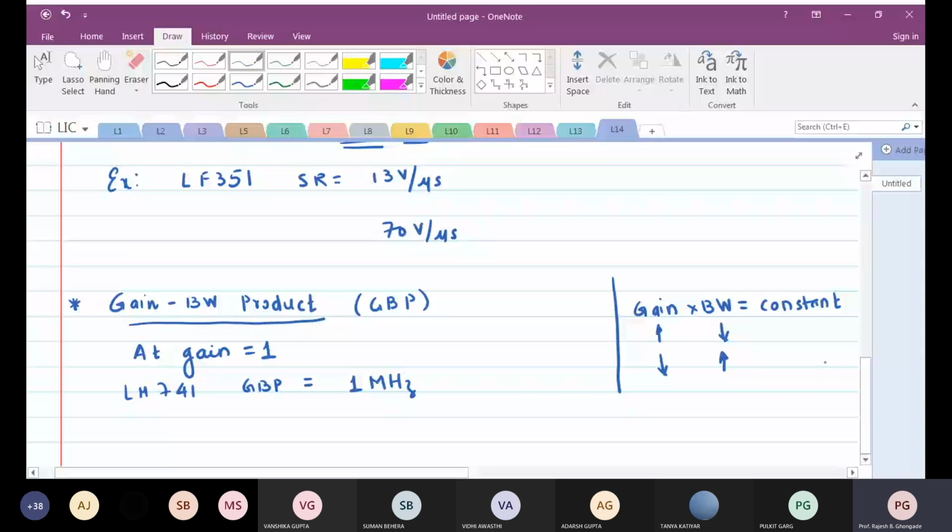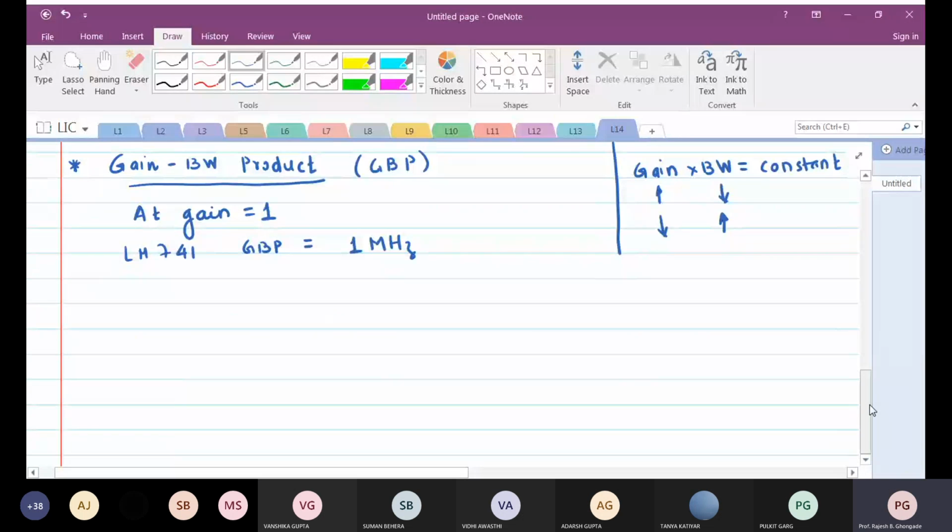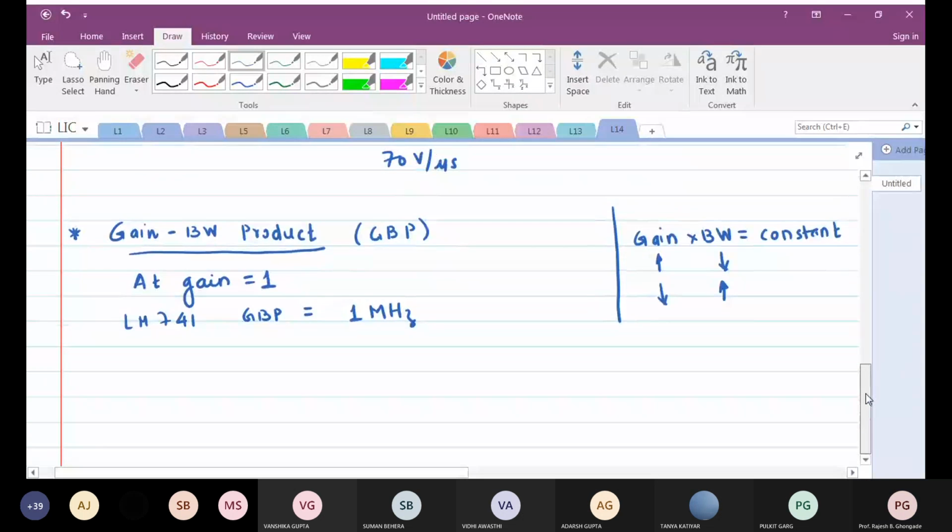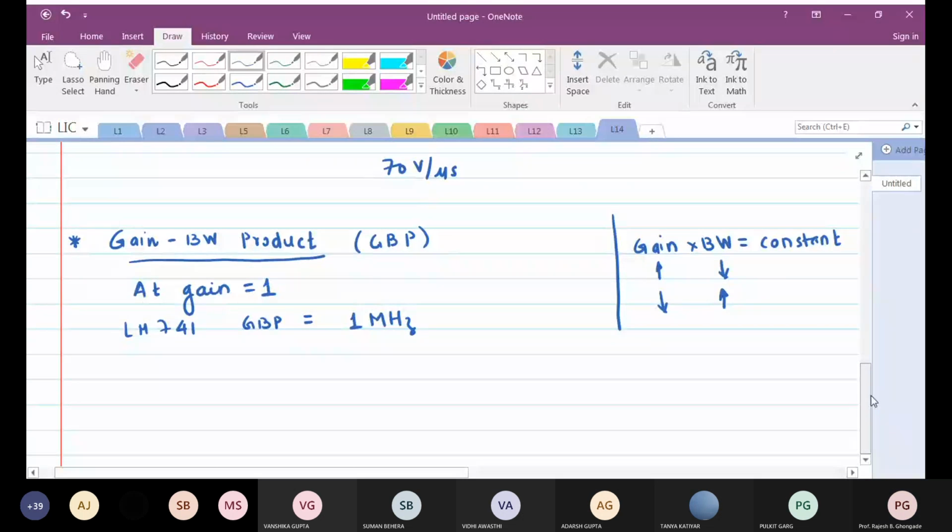What does this mean in real sense? We are going to see this in more detail, but for the time being, let us have a look at the frequency response of the operational amplifier. Of course, we are talking about the generic response.